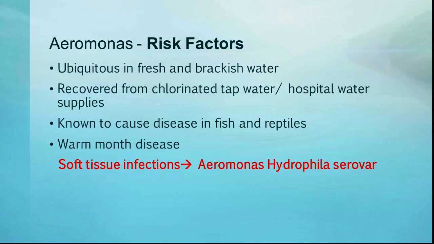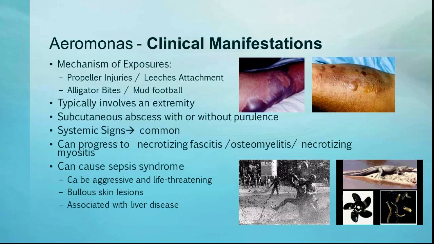This is a freshwater organism. It's sometimes recovered from chlorinated tap water and hospital water supplies. There are a lot of case reports that mention that. It is a warm-month disease again, and as I said, the soft tissue infections are more so from Aeromonas hydrophila.